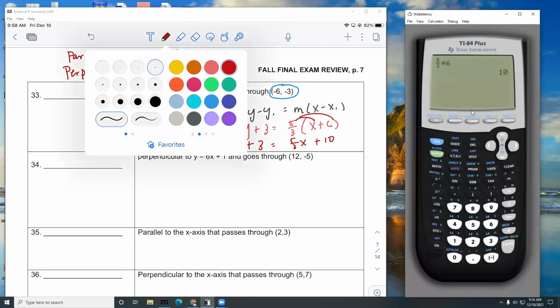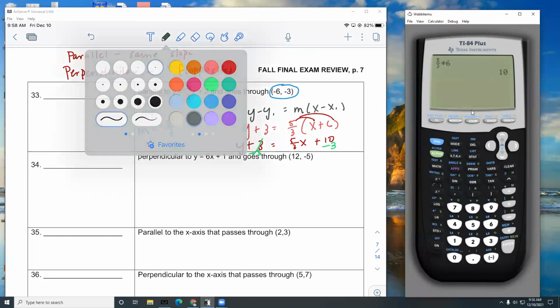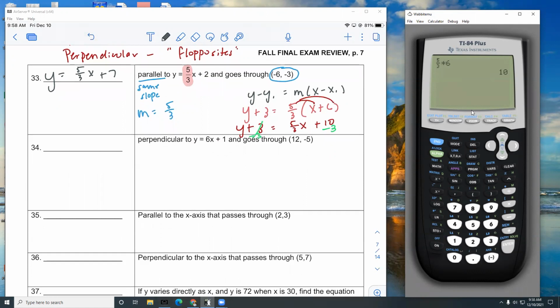And then to get my final answer, I've got to subtract 3 from both sides. So my answer should be y equals 5/3x plus 7. That's supposed to be a 7. It's kind of hard to see. Sorry, y'all.